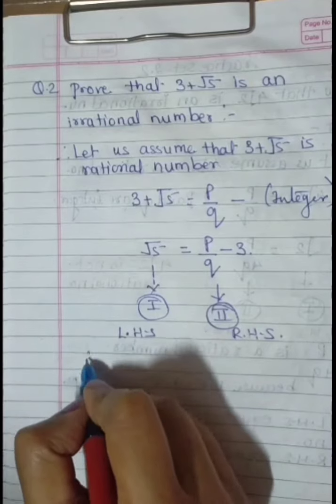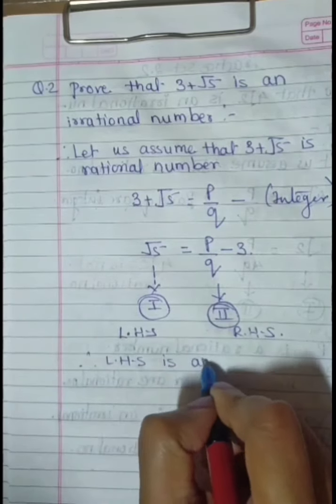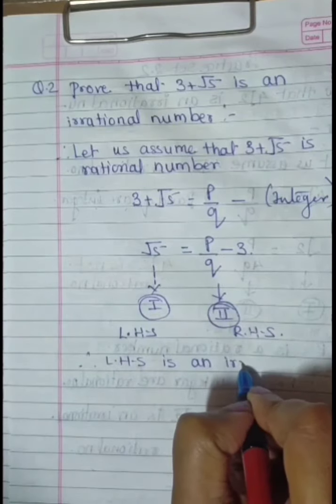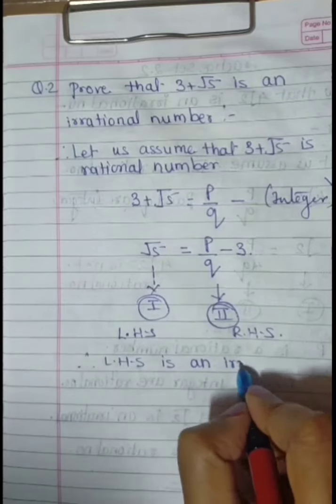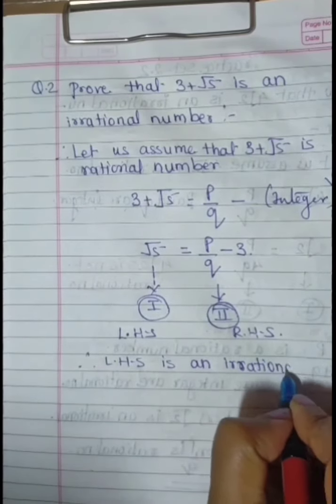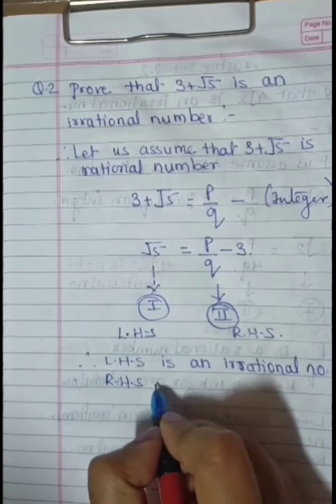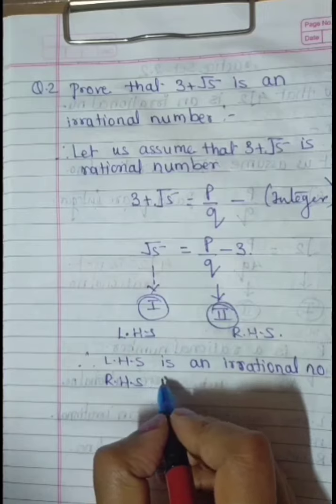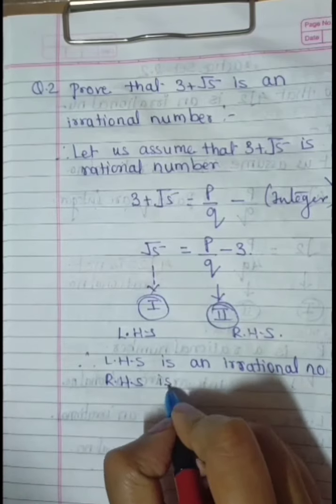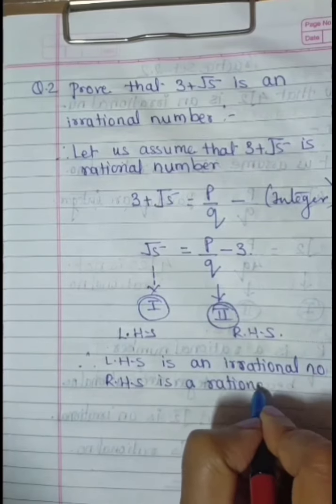Here therefore left hand side is an irrational number and right hand side is a rational number.